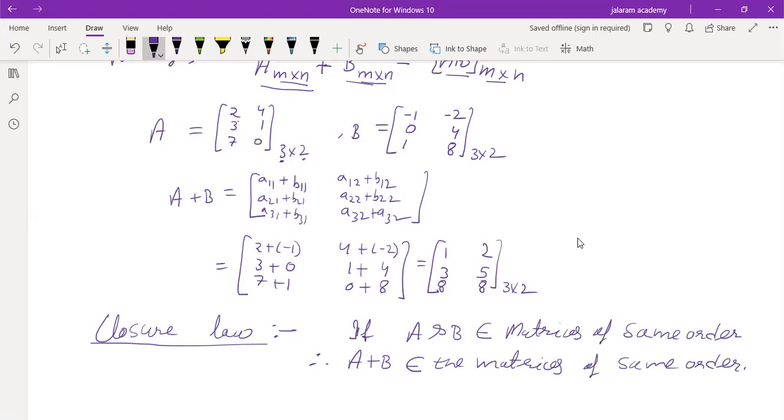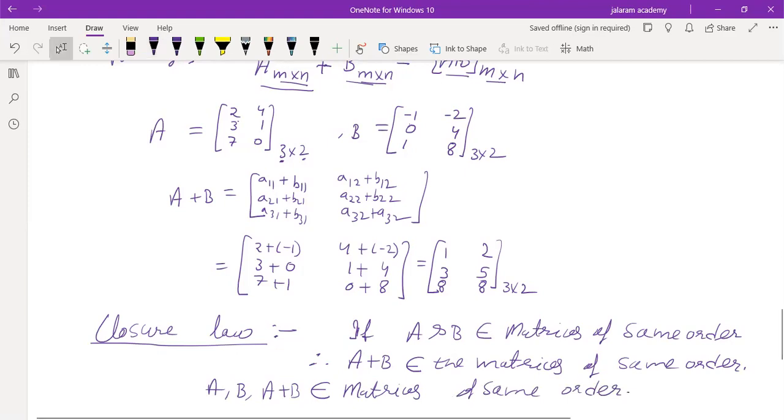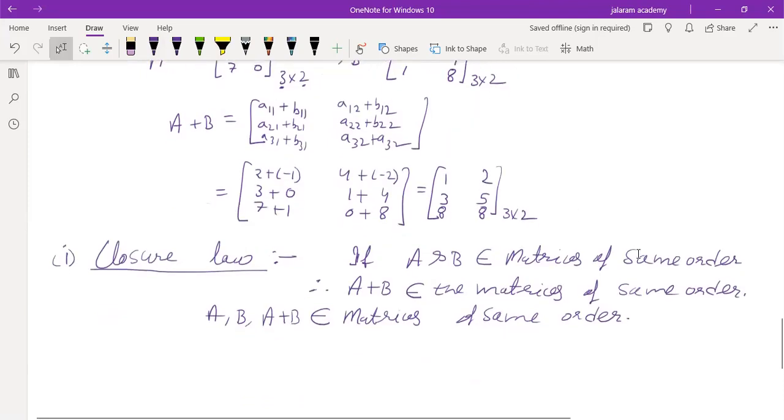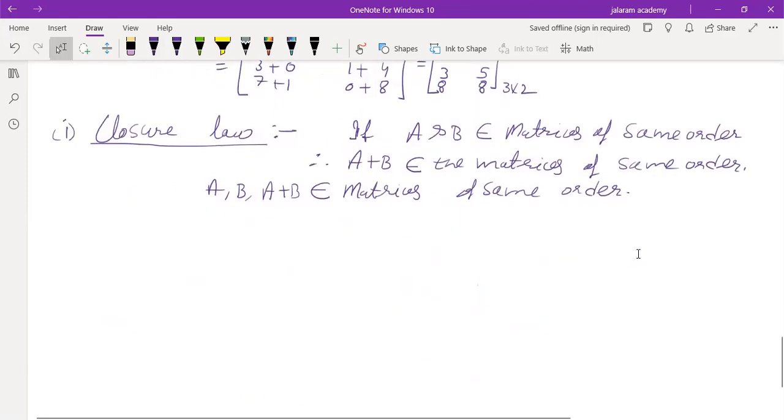Means A comma B comma A plus B belong to matrices of same order. Is that clear to everyone? This property of matrix addition is called closure law for matrix addition. Understood? Closure law for matrix addition.